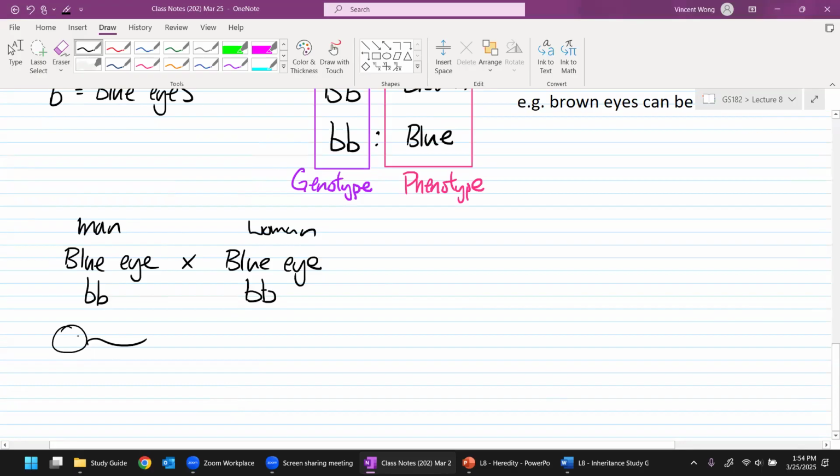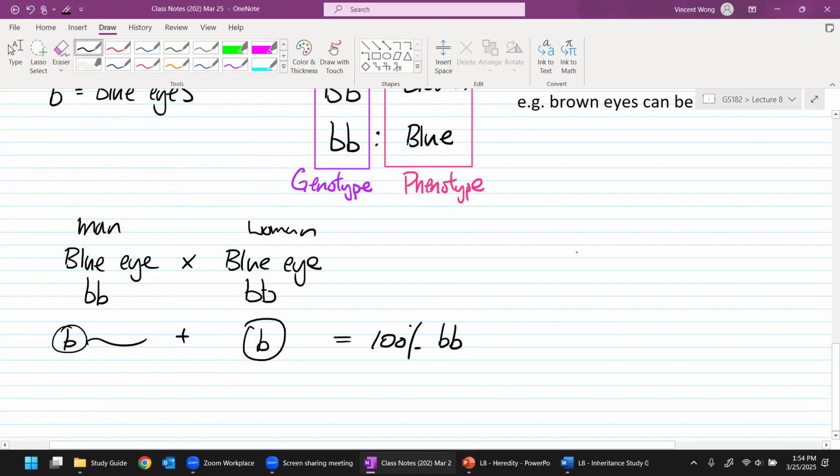Big B or a small b? Small b, right? Because that's all he has. He's little b, little b. The only thing he can pass on is little b. What about the eggs of the woman? Little b, right? Okay. So when the sperm meets the egg, 100% guarantee little b for the babies.